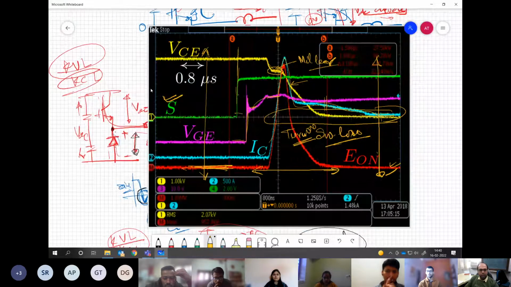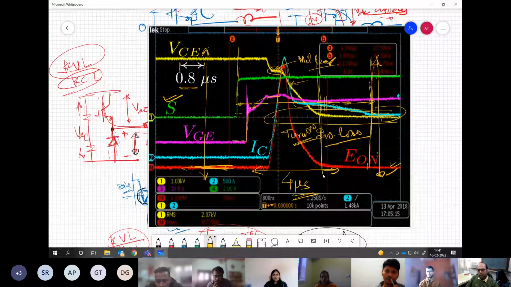Here we are observing, let's say each division is something like 0.8 microsecond. From the moment you have applied the gate pulse to the point where this current stabilizes, this could be something around 4 microsecond or so. Correct? And VCE might have gone to 0 at this point, which is something around 2 microsecond or so for this particular device.